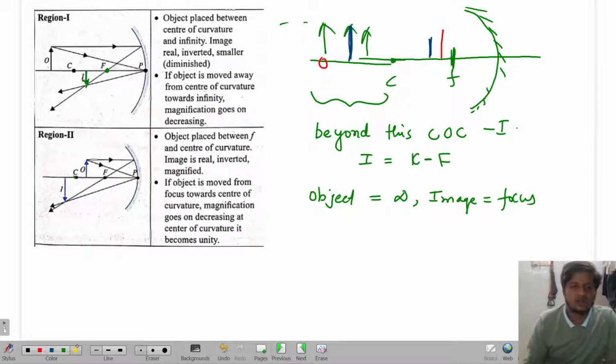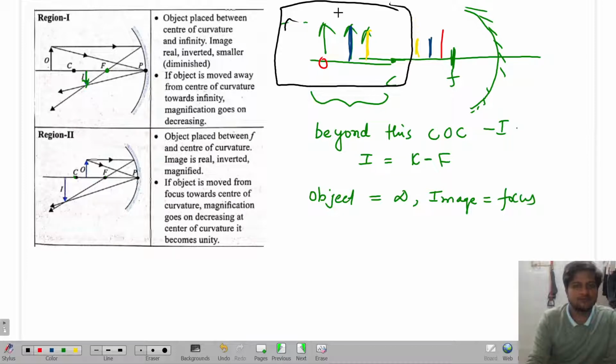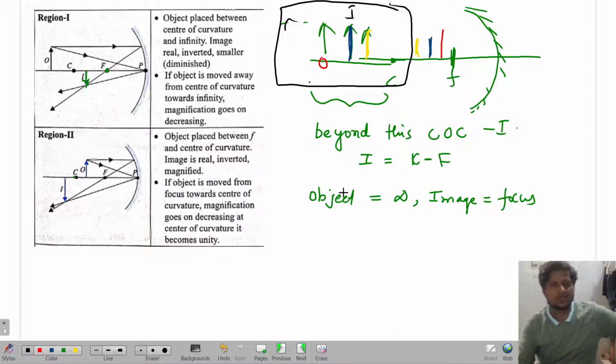If the object is at this point, the image will be formed at this point. So as you are moving nearer in region 1, which is beyond the center of curvature, if you are moving nearer to the mirror, the image is getting away from the mirror. Object is going near the mirror.